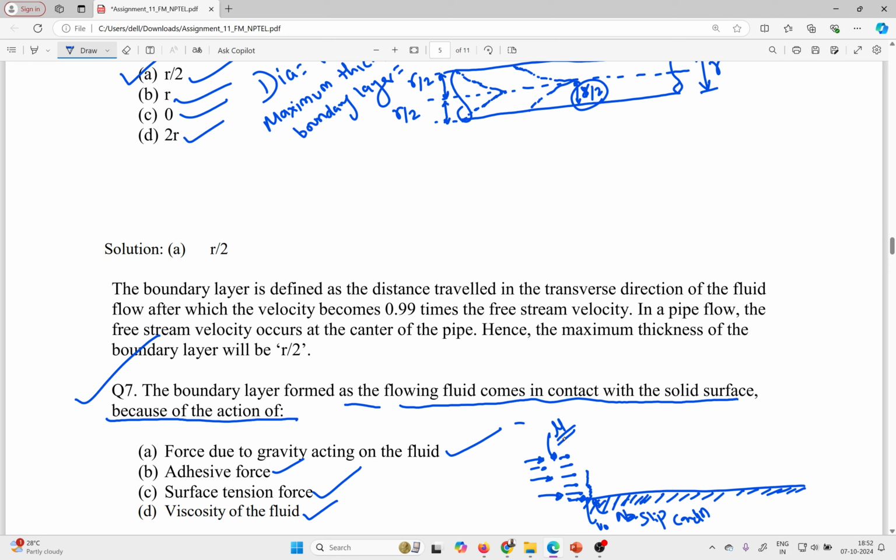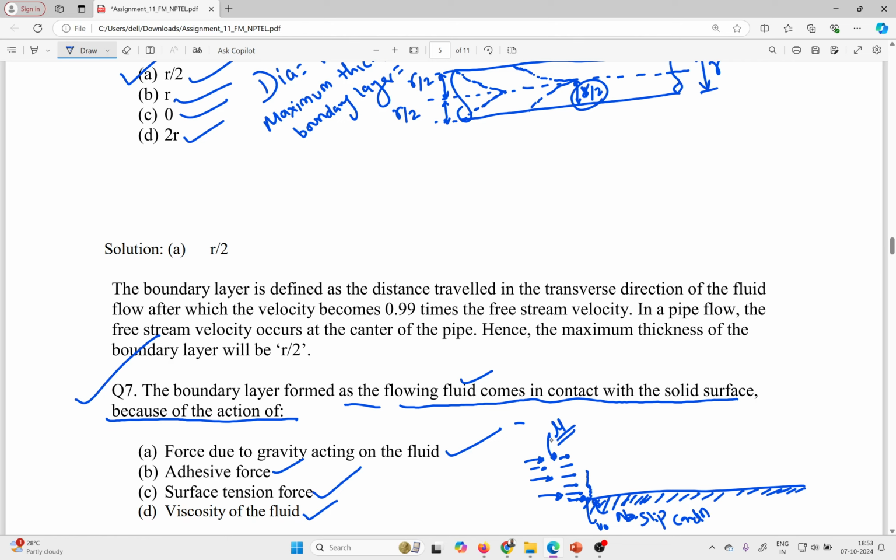Due to what? Due to viscosity. Because just assume, if viscosity is not present in the fluid, what will happen? This layer will not try to resist this layer, or this layer will not try to resist this layer.